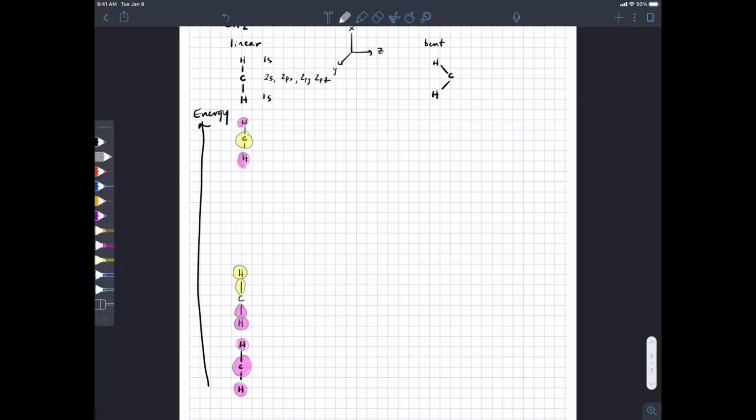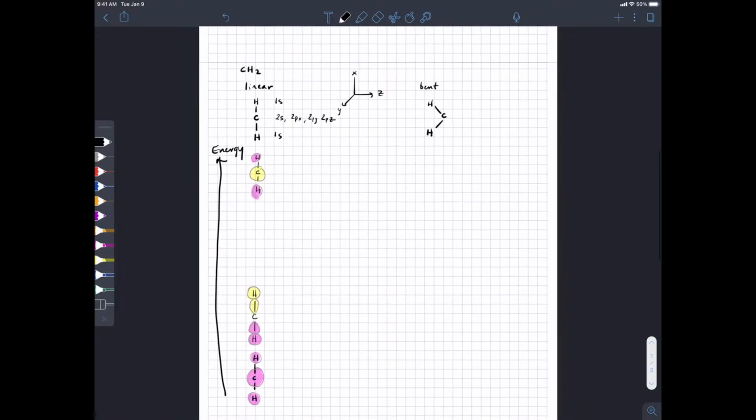Okay, that works all right. But then we have two other orbitals, the 2py and the 2pz orbitals, and those are both aligned 90 degrees away from the x-axis, so they cannot interact with the hydrogens. Here is the 2pz orbital.